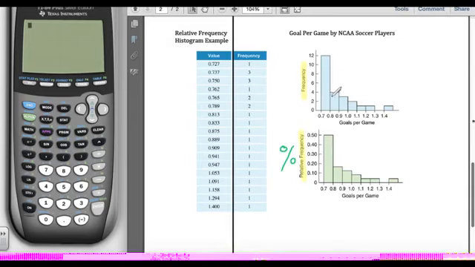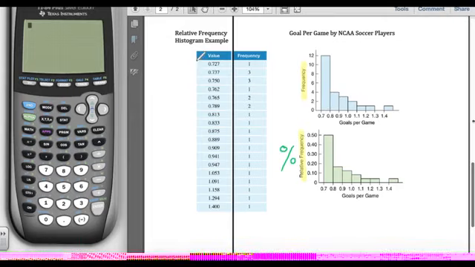First, let's look at how this frequency histogram was created. So my bin widths go from 0.7 to 0.8, 0.8 to 0.9, 0.9 to 1.0. 0.7 is in this first bin, 0.8 is in the second bin. So I want to see, well, how many players were between 0.7 and 0.8?